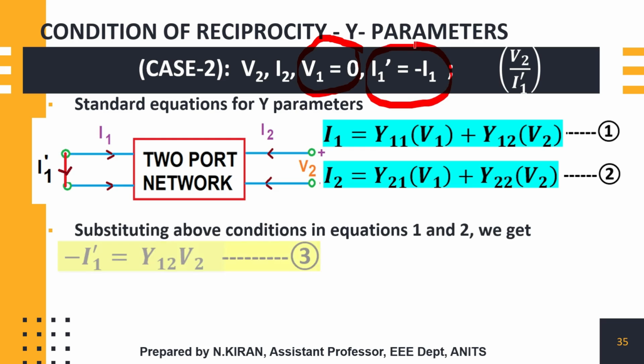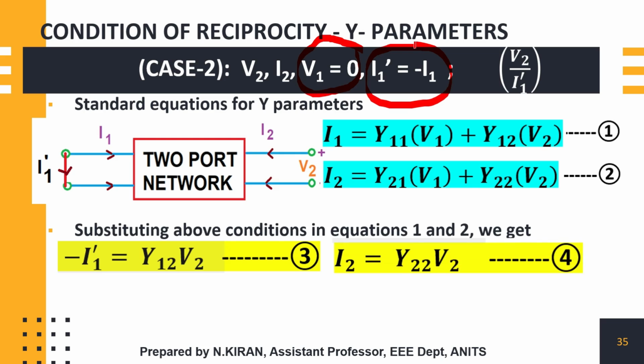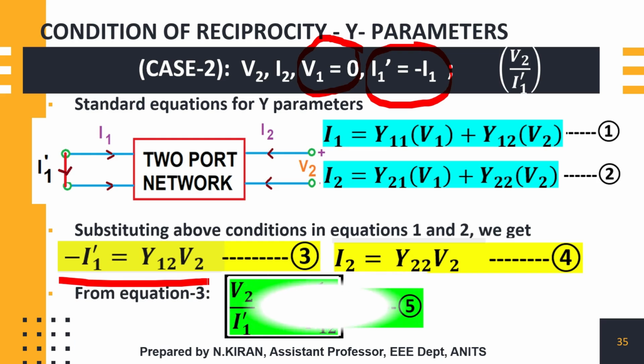On substituting these two conditions, the first equation becomes minus I1 dash is equal to Y12 into V2 and the second equation becomes I2 is equal to Y22 V2. My objective is to find V2 by I1 dash. That I directly get from the third equation, which is minus 1 by Y12.